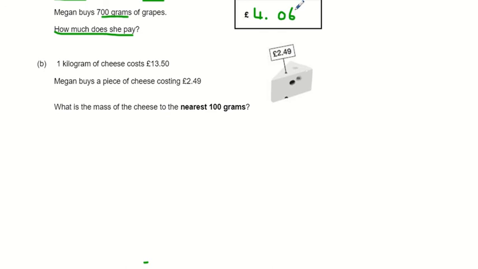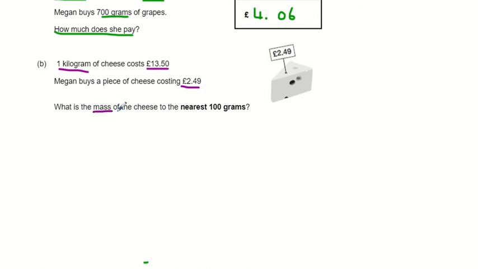Okay, so again, let's start by underlining and understanding. So 1 kilogram of cheese costs £13.50. Megan buys a piece of cheese, so we don't know the weight of it, but we know that it costs £2.45.